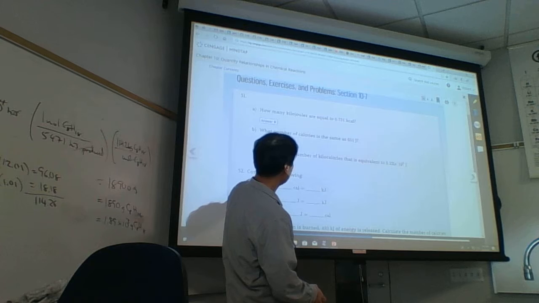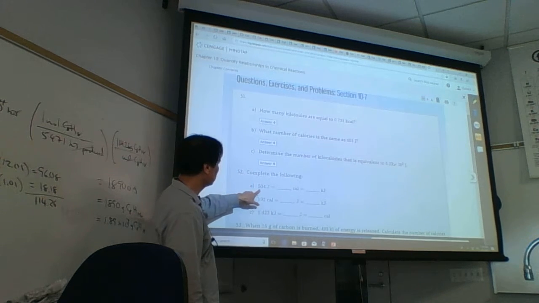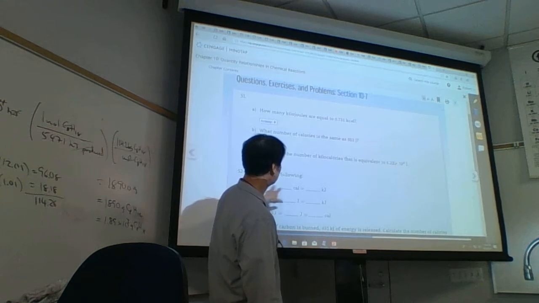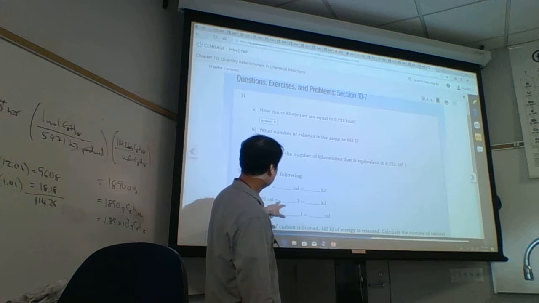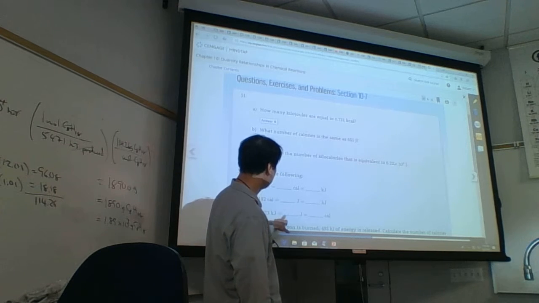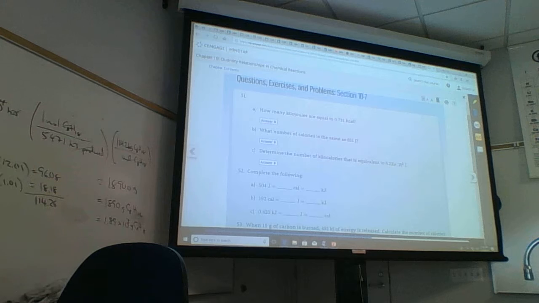I do joules to calories, calories to kilocalories. So here's some more. Joules to calories, calories to kilojoules. That's weird. I do joules to kilojoules first, and then joules to calories. Calories to joules, and then joules to kilojoules, that's fine. Kilojoules to joules, joules to calories, that's fine. So just energy conversion using the conversion factors.